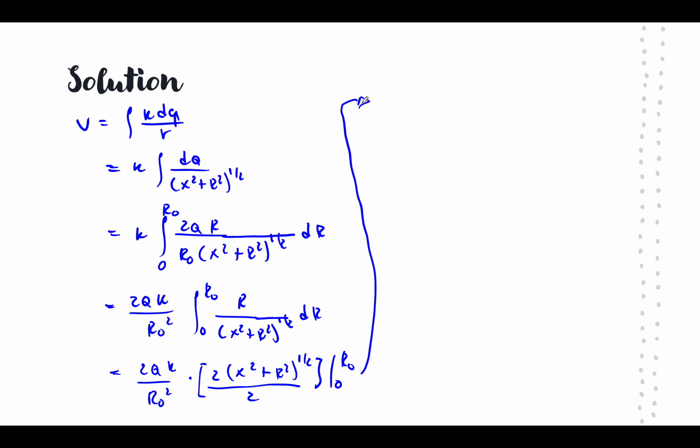Simplifying and substituting R0 and 0, I get an answer of 2qk over R0 squared times x squared plus R0 squared to the power of 1/2 minus x squared to the power of 1/2, which is x, minus x.